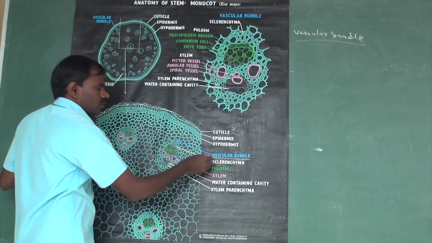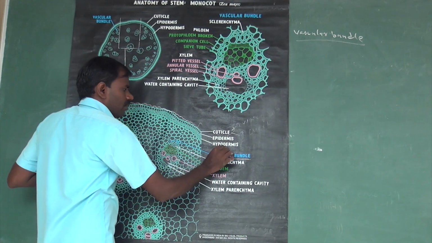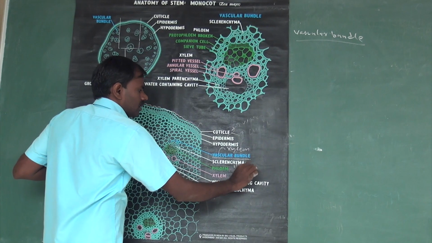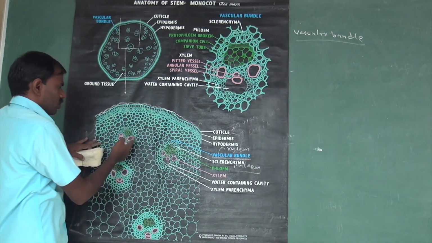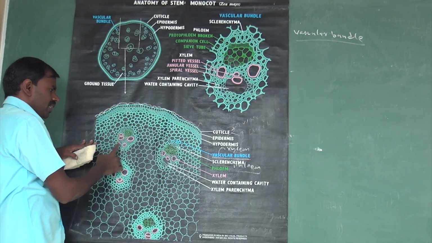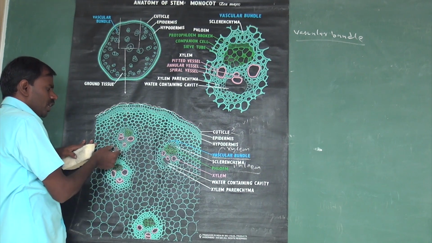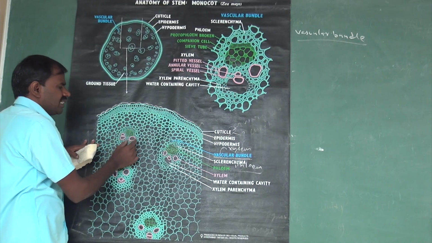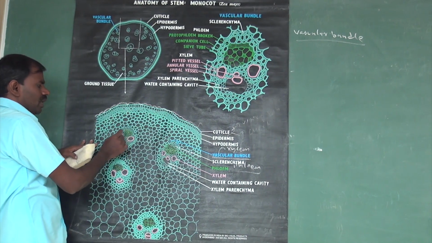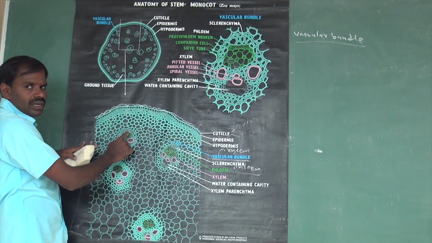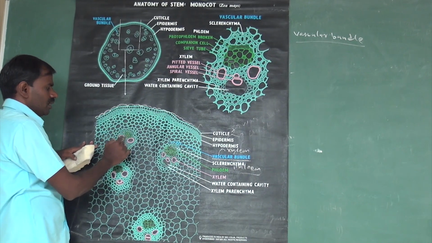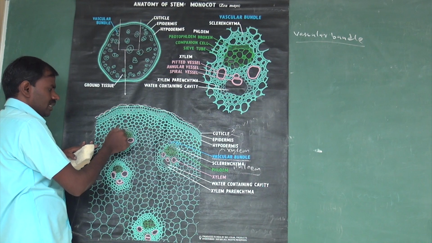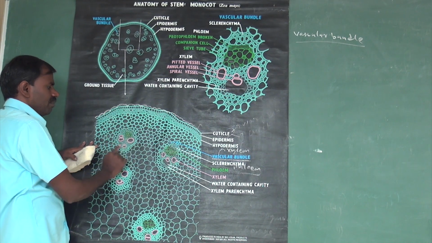Next is the vascular bundles. Vascular bundles consist of xylem and phloem elements. They are covered by a few sclerenchymatous patches called bundle sheath cells.